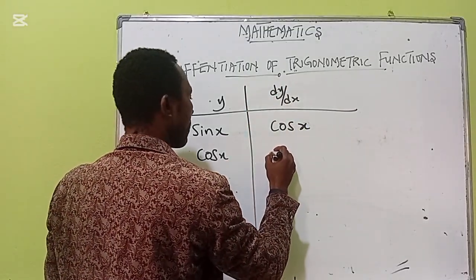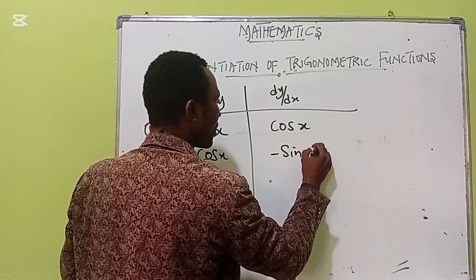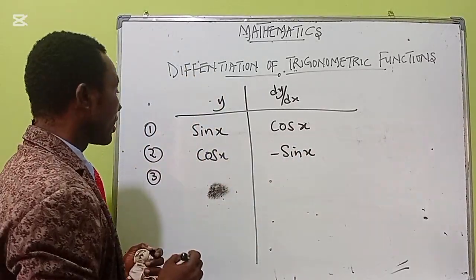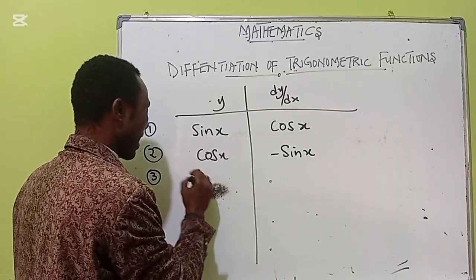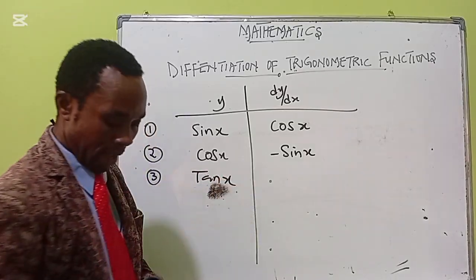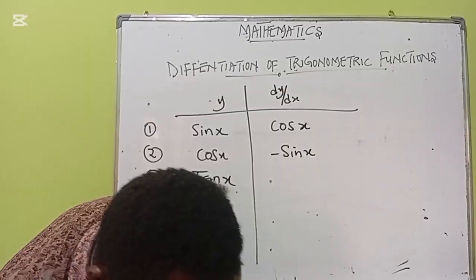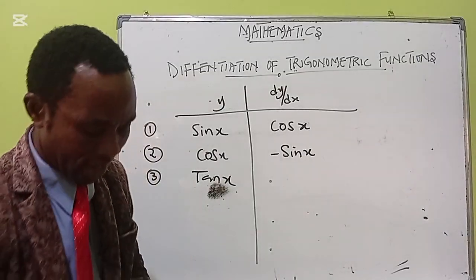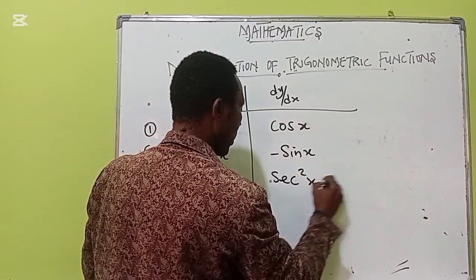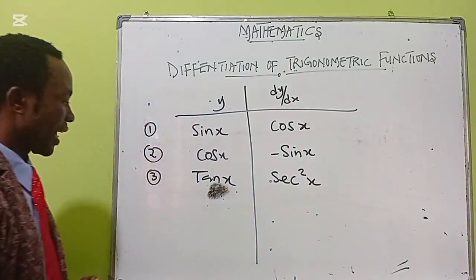It will be minus sine x. Then number 3, we want to differentiate tan x. Remember, I'm differentiating with respect to x. Differentiate tan x, you will get sec square x. So these are the 3.